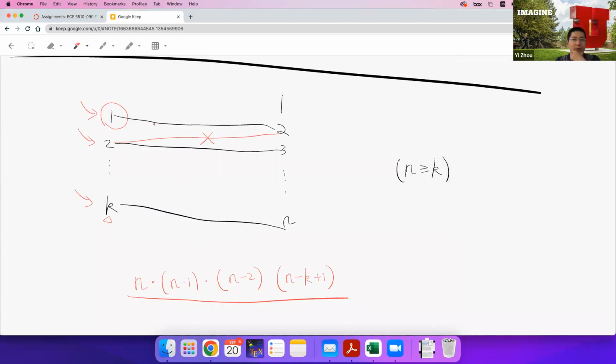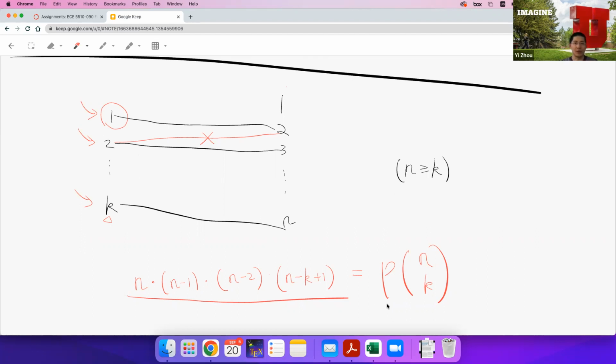But if you think about this problem differently, among this set of n values, we just need to select k different objects from this list, and then we need to order these different objects so that we can assign them to these distinguishable inputs one by one, one-to-one.